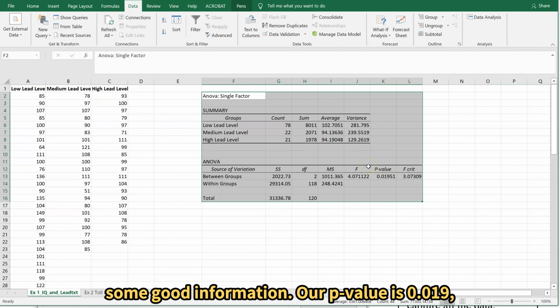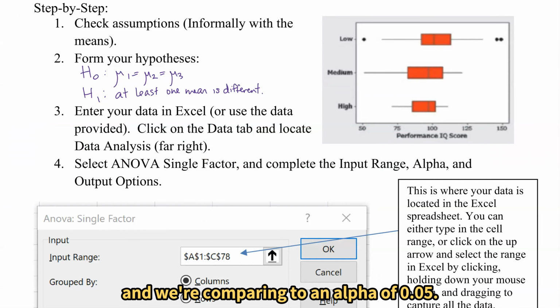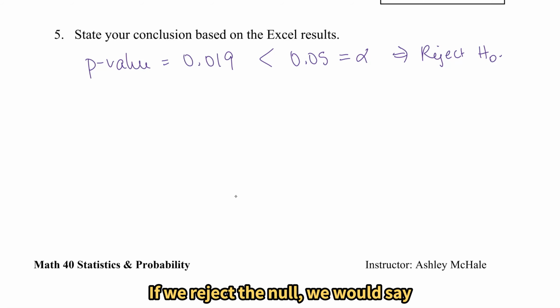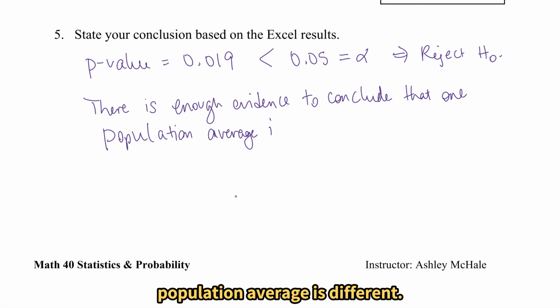Our p-value is 0.019, and we're comparing that to an alpha of 0.05. And so we would reject the null in this case. If we reject the null, we would say there is enough evidence that one population average is different.